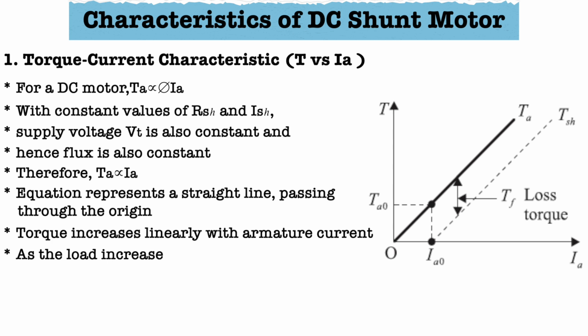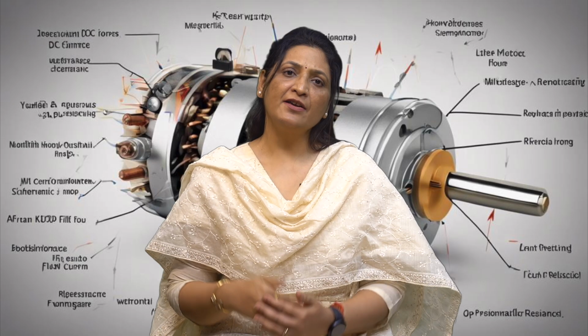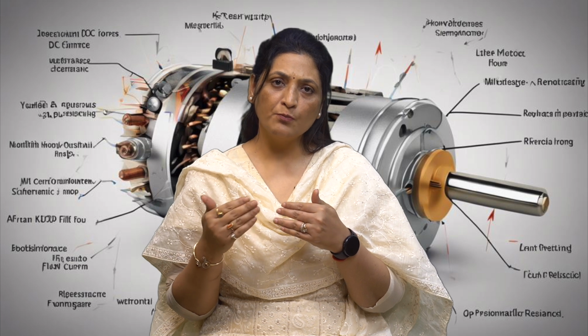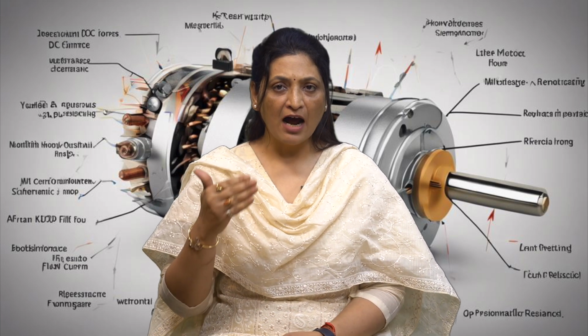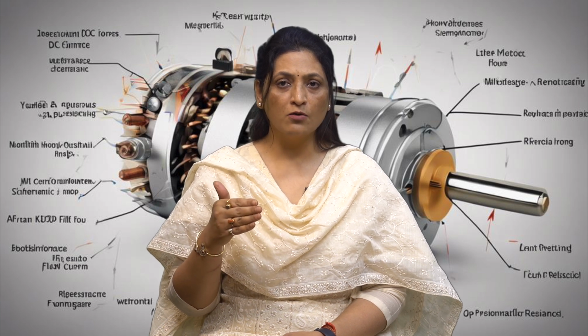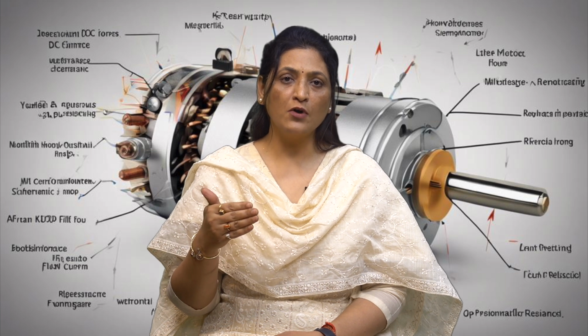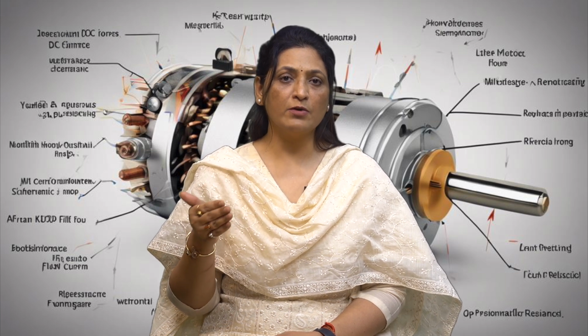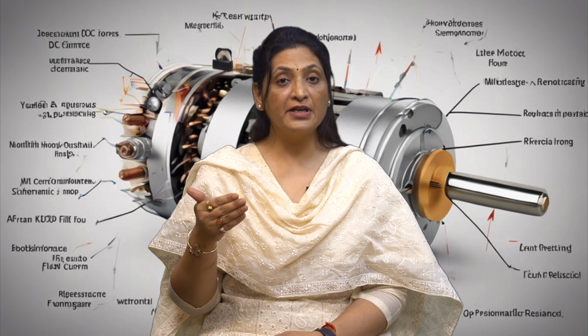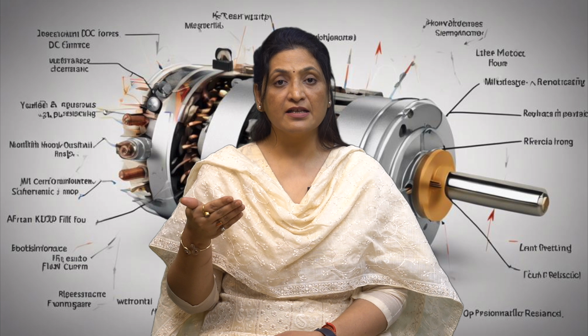It is seen that armature current is decided by the load. So, as the load increases, armature current increases, increasing the torque developed linearly. Now, if the shaft torque is plotted against the armature current, the shaft torque being less than the armature torque and the difference between the two being a loss torque Tf, then on no load the shaft torque Tsh is equal to 0, but armature torque Ta is present, which is just enough to overcome the stray losses, shown as Ta0.